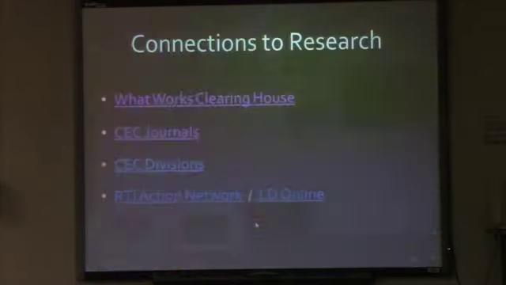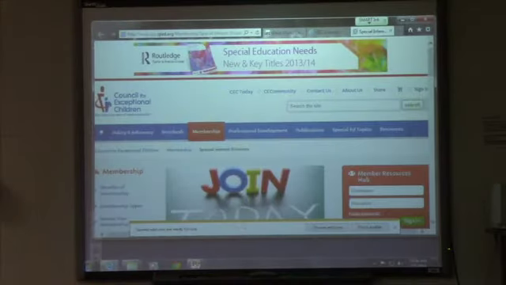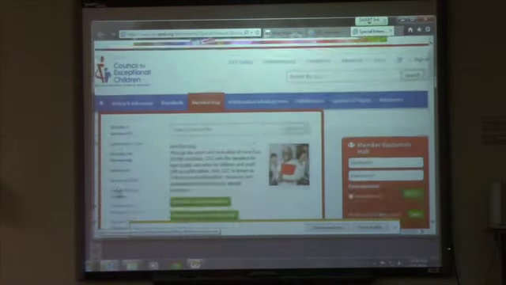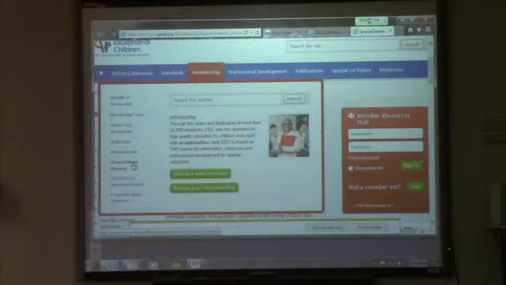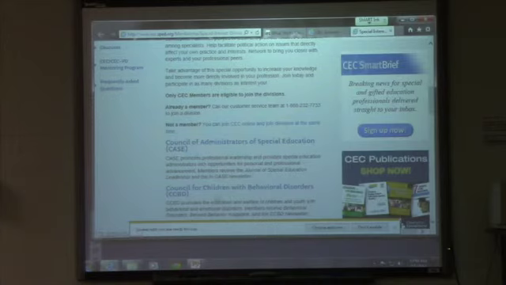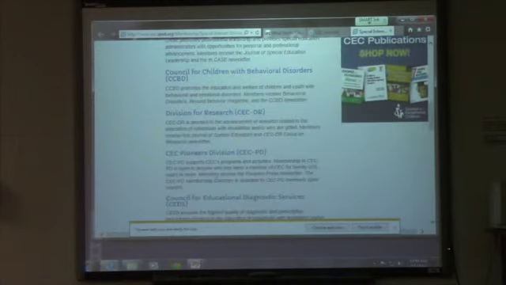You can go to the divisions for the Council for Exceptional Children, go to membership, and you go to special interest divisions, and it'll bring you to this page. You will scroll down, pick the division that matches the type of learner that you have in your edTPA.